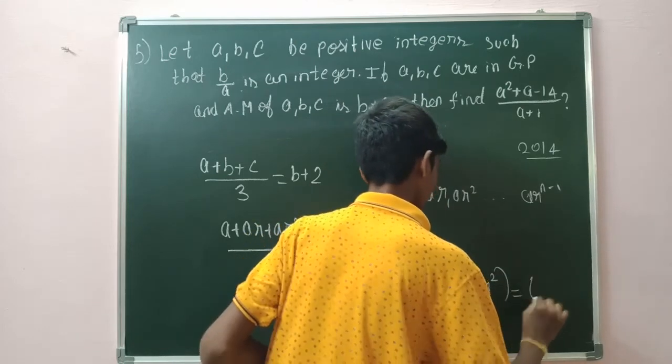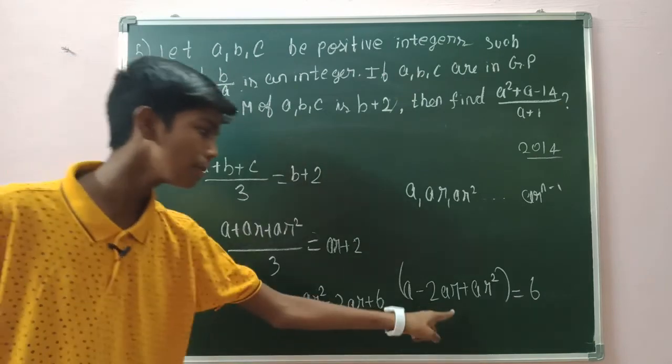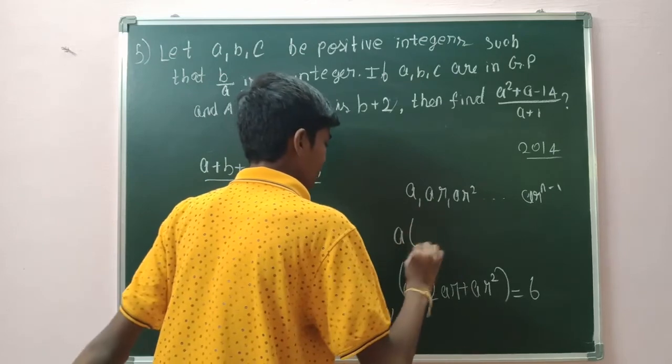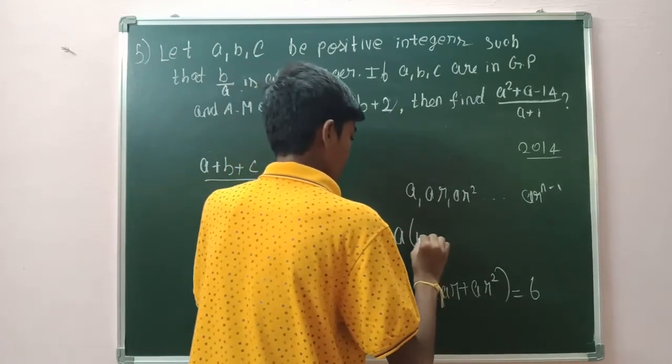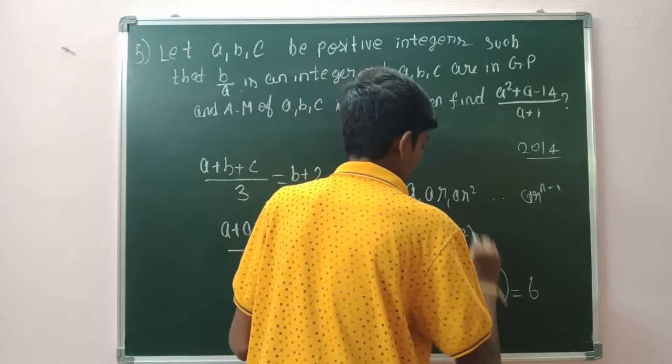This is what you will get when you take this 3ar to this side. Therefore, ar minus 3ar will be minus 2ar. That's all. So now people take your a common, therefore you get 1 minus 2r plus r square, and that is equal to 6.